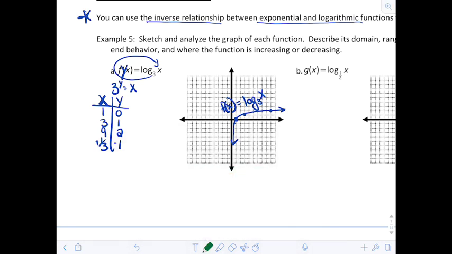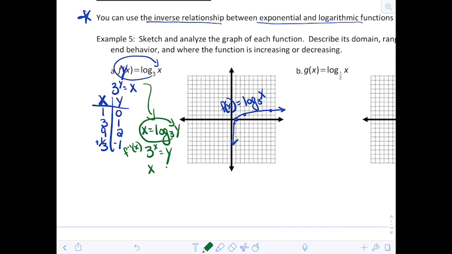When you find an inverse, you switch x and y, so we can state x equals the log base 3 of y, switching x and y. Then solve for y, and to do that, we're going to write it as an exponential. 3 to the x equals y. This is f inverse of x.